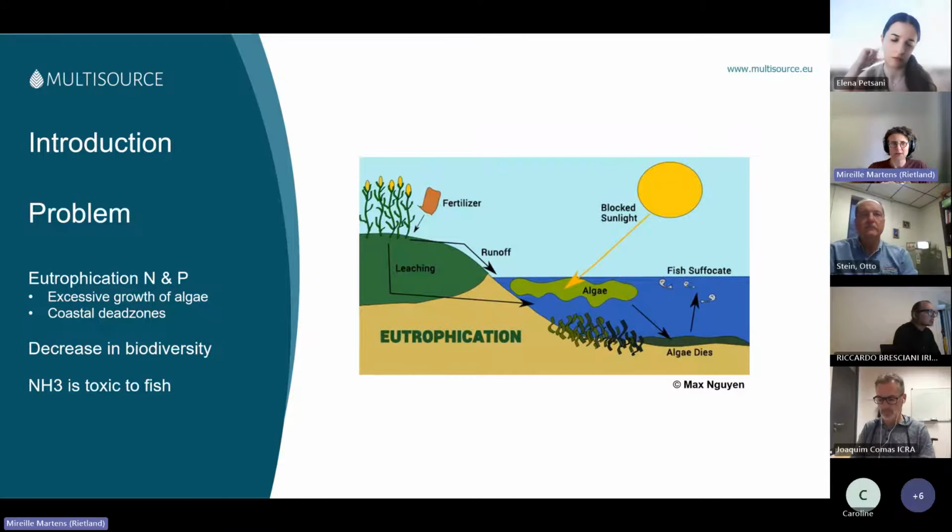We suffer from eutrophication caused by a lot of nutrients, nitrogen and phosphorus, and they cause in late summer algae blooms, and because of that the algae die, and then a lot of bacteria are breaking those algae down, and because of that they need oxygen, and that's why coastal dead zones are created, which is not good for the fish because they die because there's no oxygen, but also ammonia is toxic to fish, and it also decreases biodiversity because the species that are eager to grow fast can dominate over the ones who like poor nutrient areas.